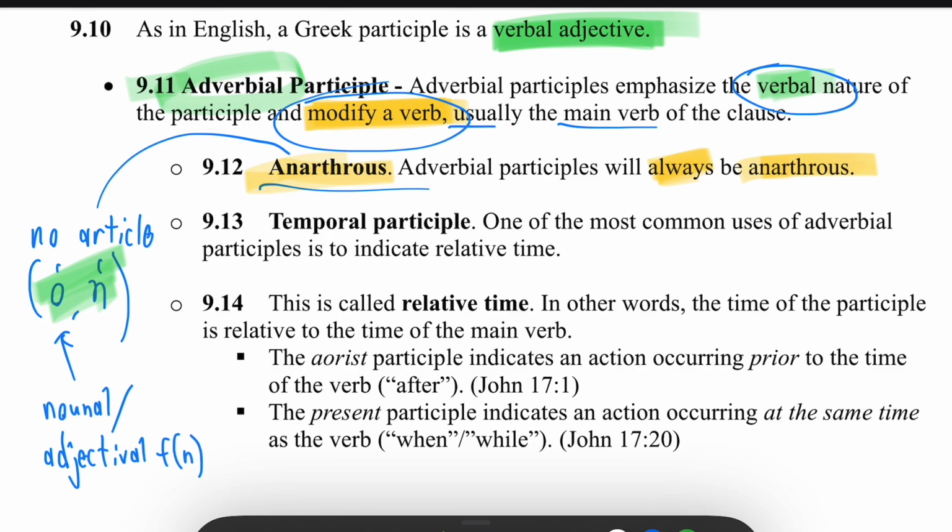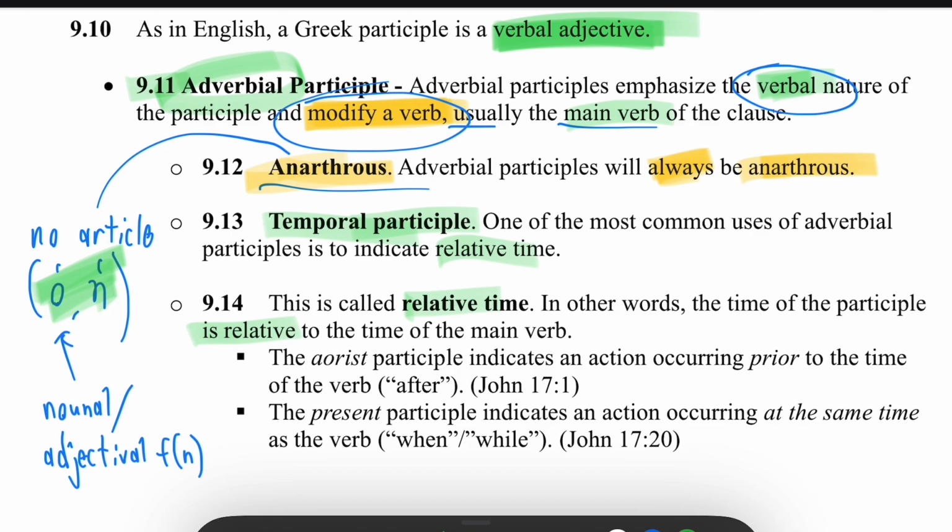So the adverbial participles will be anarthrous, and then when it comes to temporal participles, one of the most common uses for the adverbial participles is to indicate relative time. So when was this thing happening relative to the main verb? So this is called relative time. In other words, the time of the participle is relative to the time of the main verb.